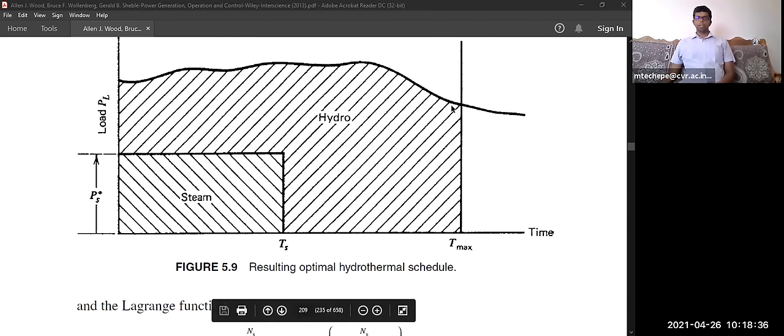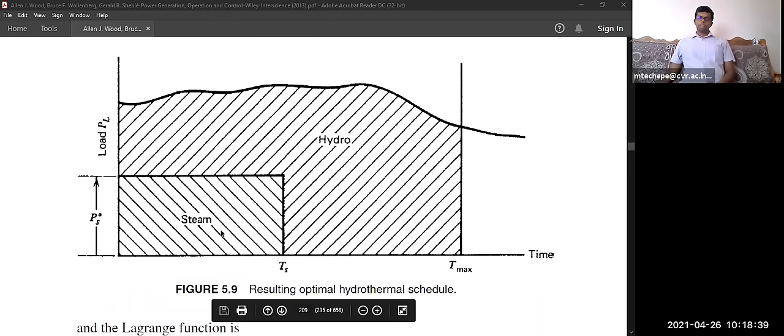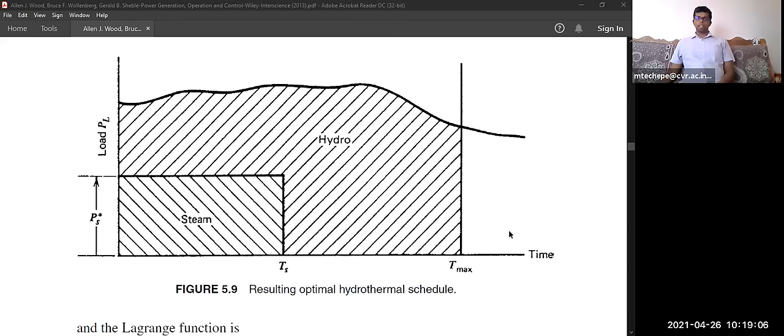Our ultimate aim is to optimize the power generated from the steam generating units. That optimum power we have taken as Ps star over the whole period of time, that is T maximum hours. So this is the hydrothermal scheduling. Thank you everyone.